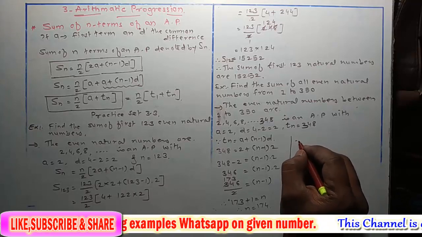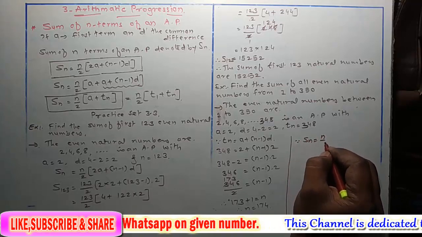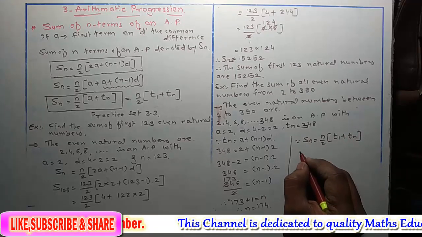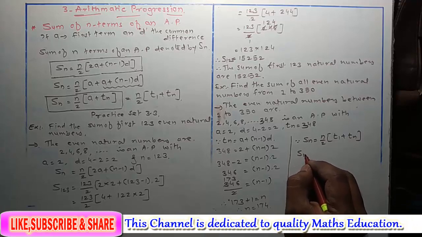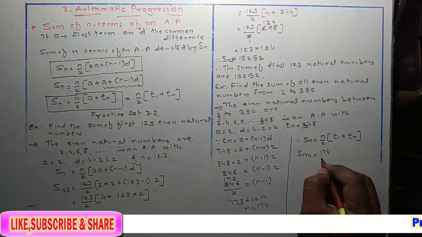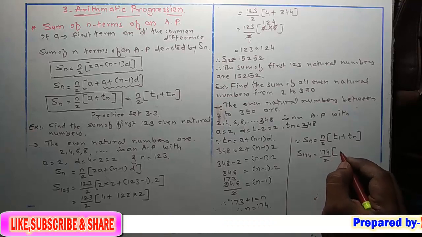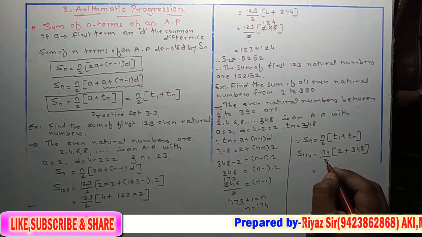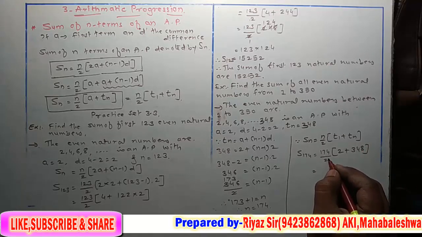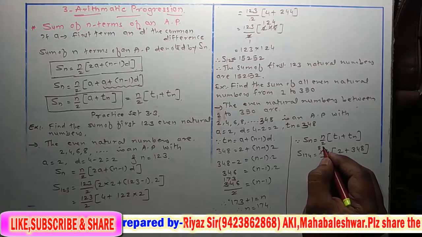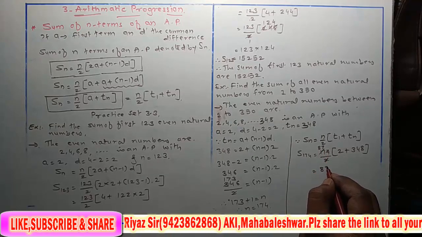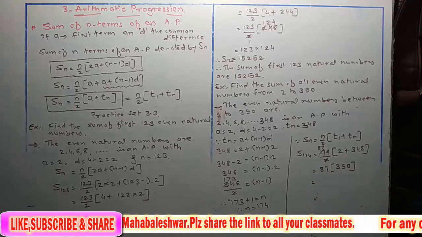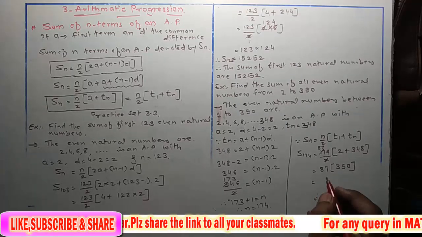So Sn is equal to n upon 2 bracket T1 plus Tn, therefore S174 is equal to 174 upon 2 into bracket T1, that is 2, plus Tn, that is 348. Now 174 is simplified by 2, so you will get 87 into bracket 350, and this whole multiplication you will get as 30,450.